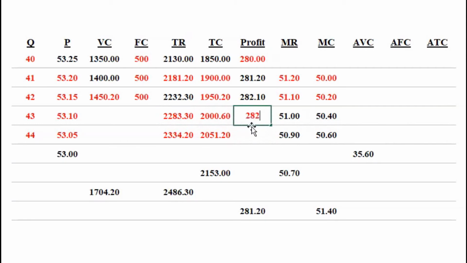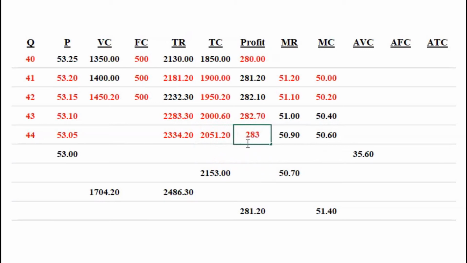So $282.70 is the profit for 43, and now the profit for 44 is going to be total revenue, $2,334.20, minus total cost, which is $2,051.20, and that gives us $283.